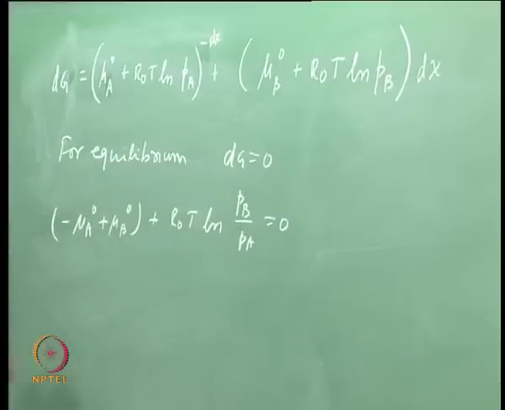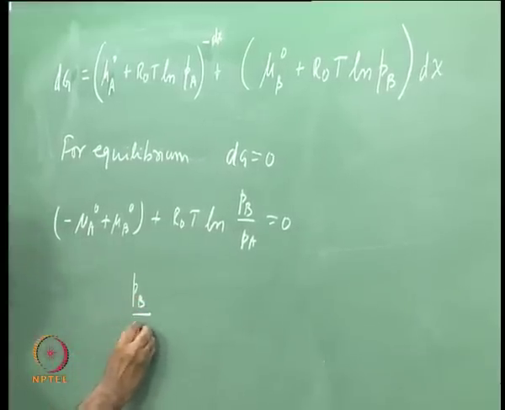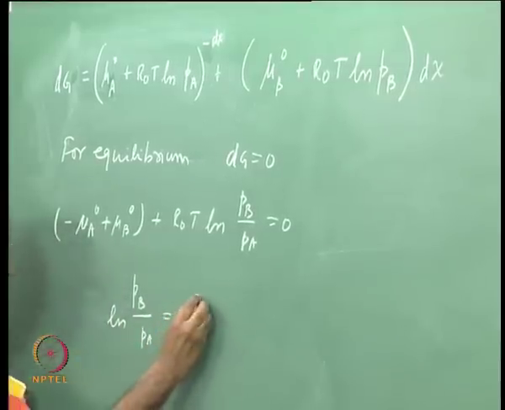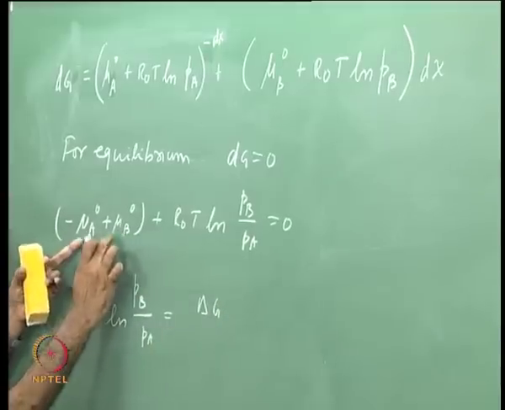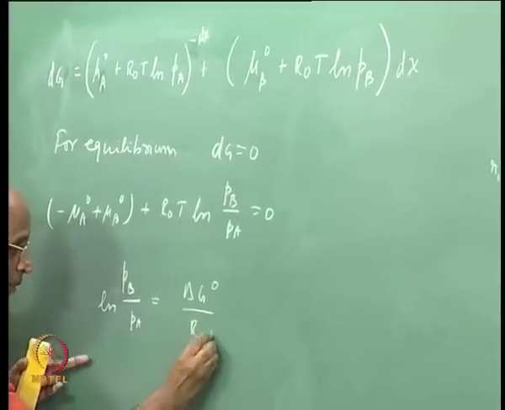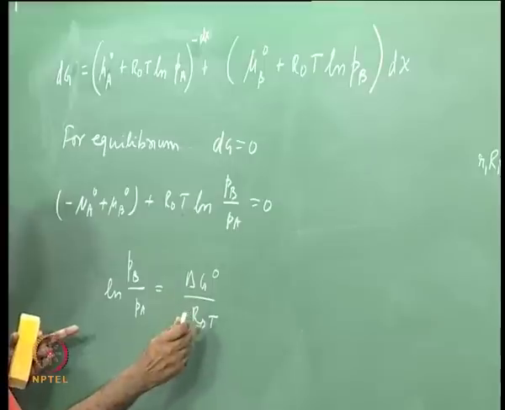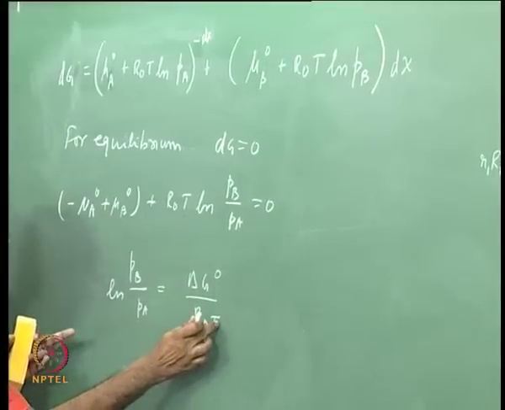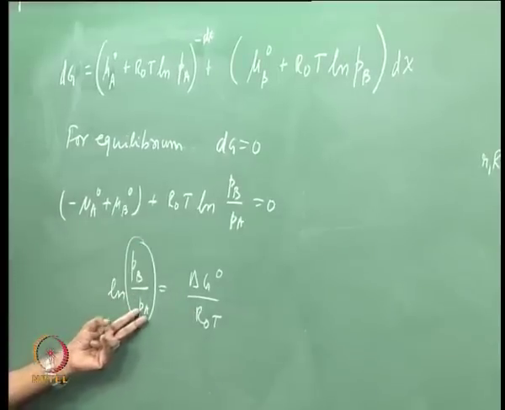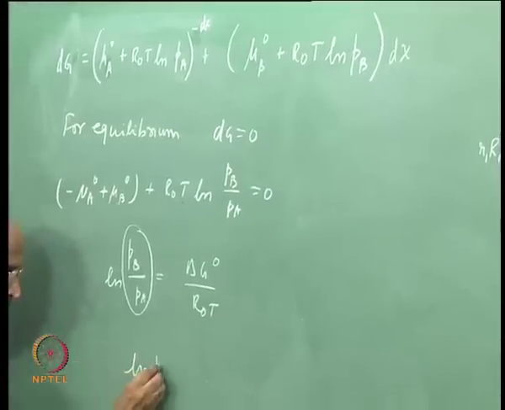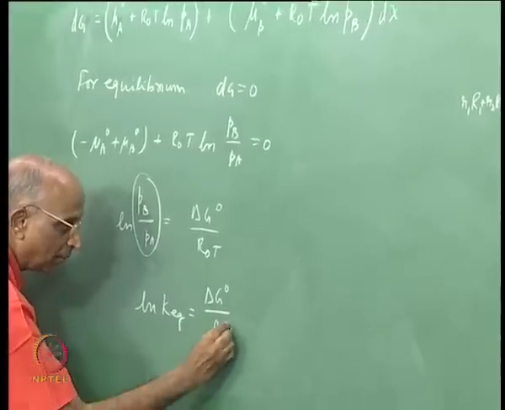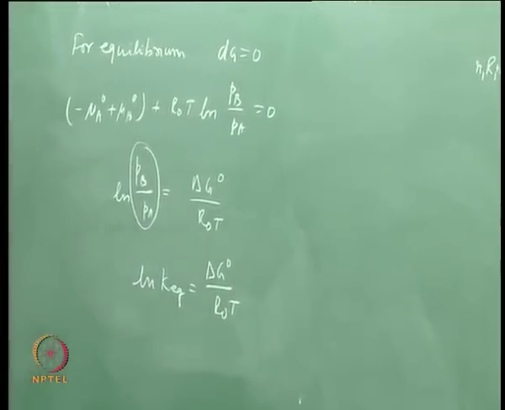Now this becomes my change in the Gibbs free energy. Mind you, this is standard, therefore it is delta G 0, and now I bring R naught over here. This is kilojoule per mole, this is again kilojoule per mole Kelvin into Kelvin, kilojoule per mole, and this Pb by Pa is the partial pressure of products divided by partial pressure of reactants. This gives ln of K equilibrium is equal to minus delta G 0 by R naught into T. But there must be something more to it.